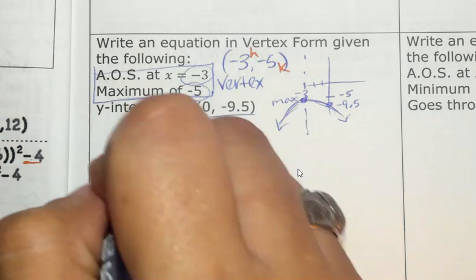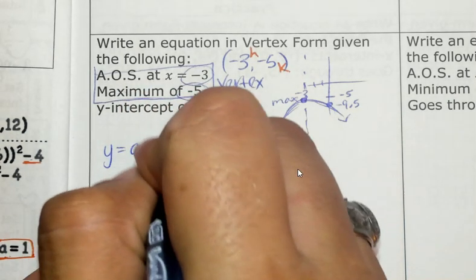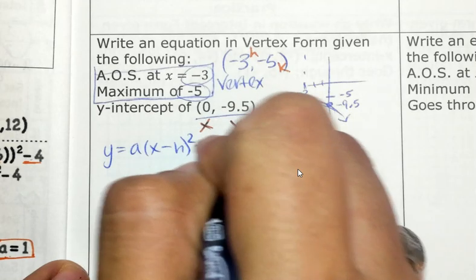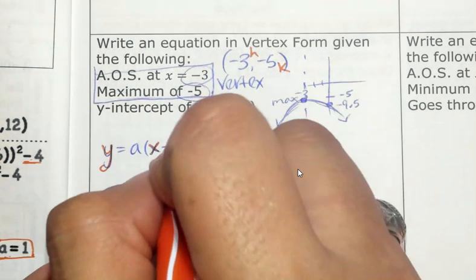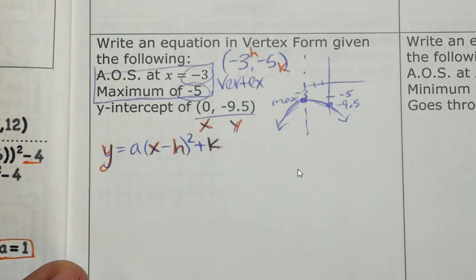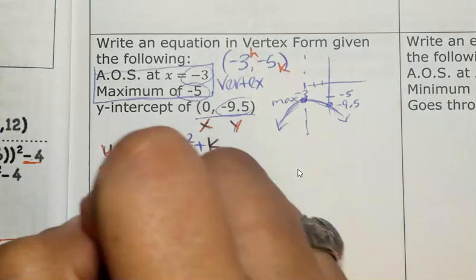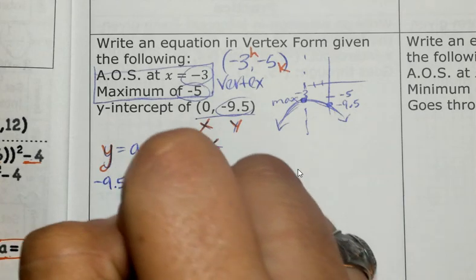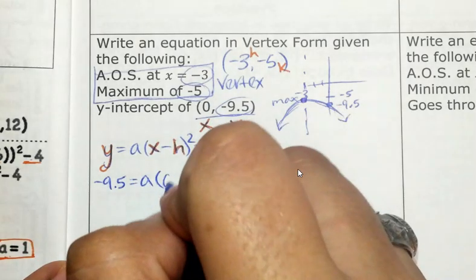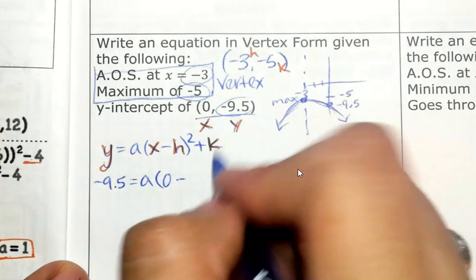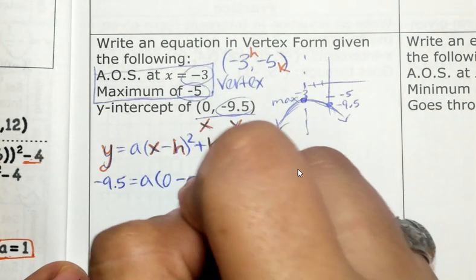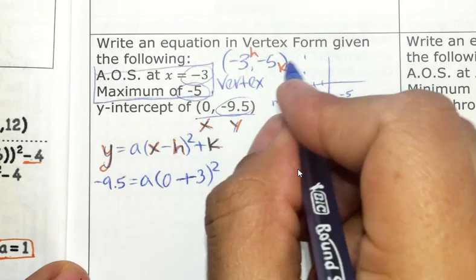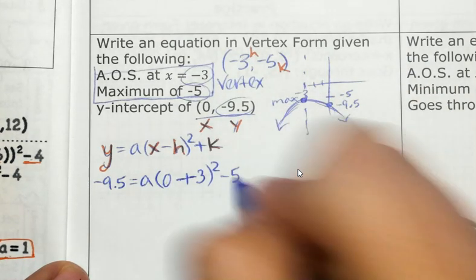So you're going to substitute those values in here for y, x, h, and k. We're going to write -9.5 equals a(your x, which is 0, minus your h, which is -3) squared, so minus negative, it's a plus, and then your k is -5.